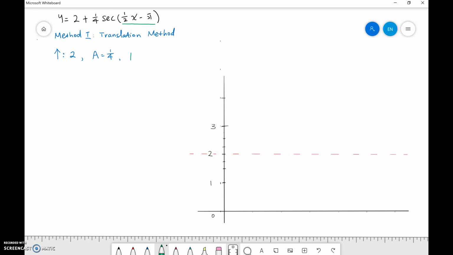So first the period is going to be 2 pi over 1/2, which, multiplied by its reciprocal, is 4 pi. And then the shifting: we have to rewrite 1/2 x minus pi as 1/2 multiplied by (x minus 2 pi). So the shift is to the right by 2 pi.